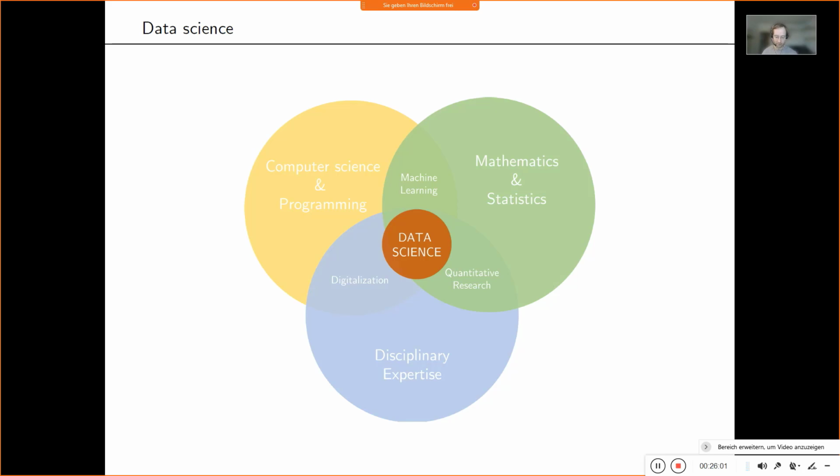Of course, data science always has an applied perspective with some concrete problem in mind, and to create meaning from data with a concrete problem in mind, it needs some general ideas about the problem at hand, so it needs disciplinary expertise. And from the different disciplines there is some overlap into computer science and mathematics.